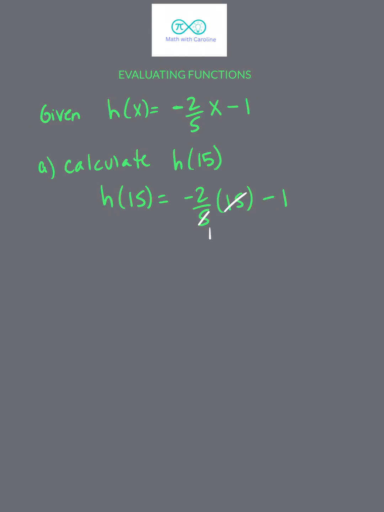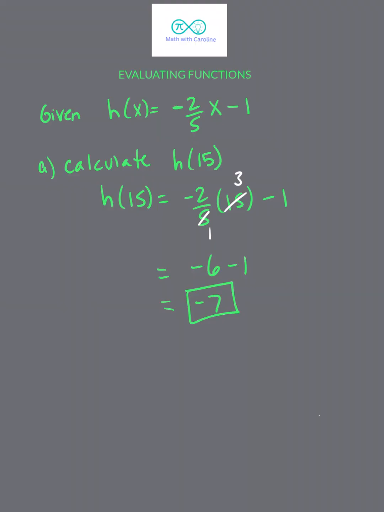This will save you a lot of work if you always simplify before you multiply. So now we can just do negative 2 times 3, and we don't have to do negative 2 times 15 and then divide by 5. So negative 2 times 3 is negative 6 minus 1 will give us our final answer of negative 7.